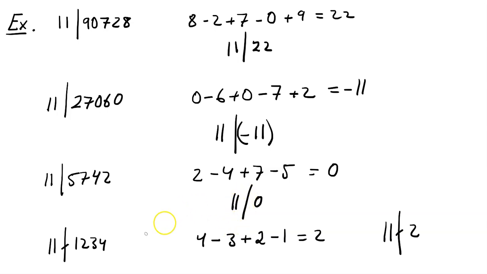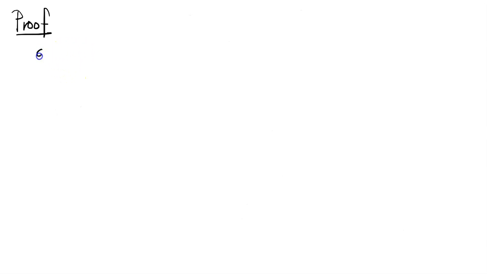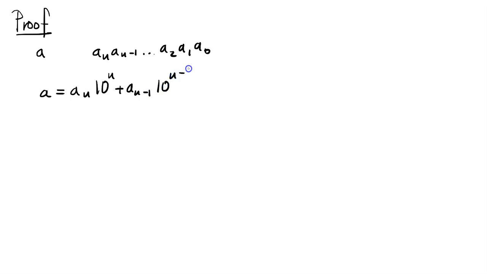So let's now prove that theorem. So again, let a be the number and let an, an minus 1, and so on be its digits. That is, we have a is equal to an 10 to the power n, plus an minus 1 10 to the power n minus 1, and so on.